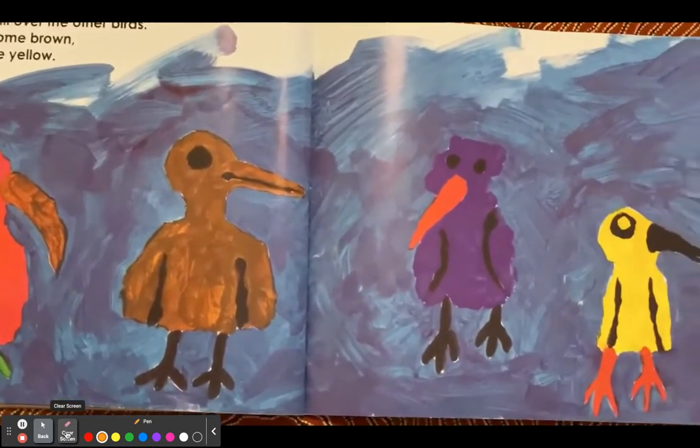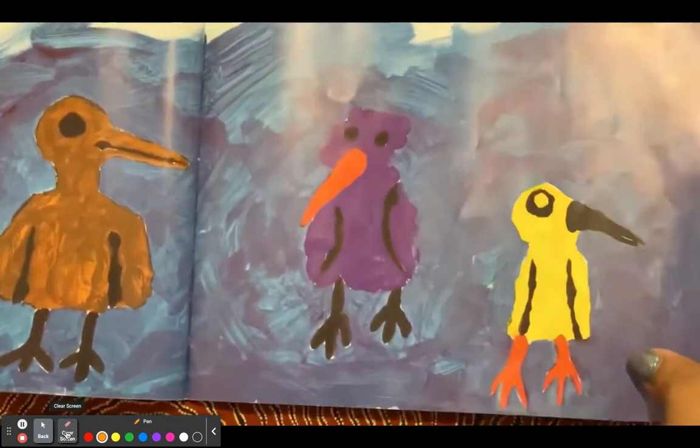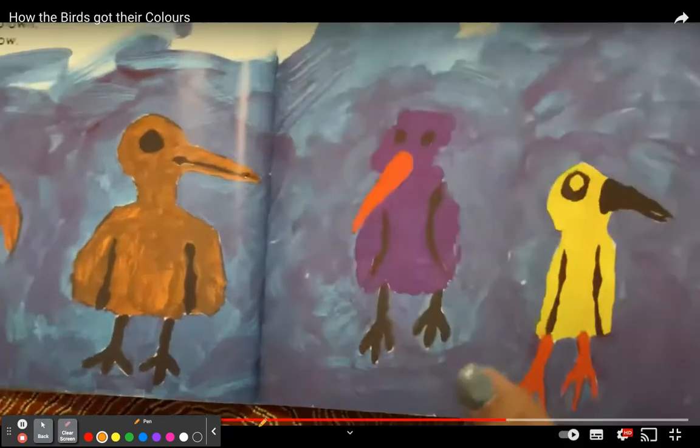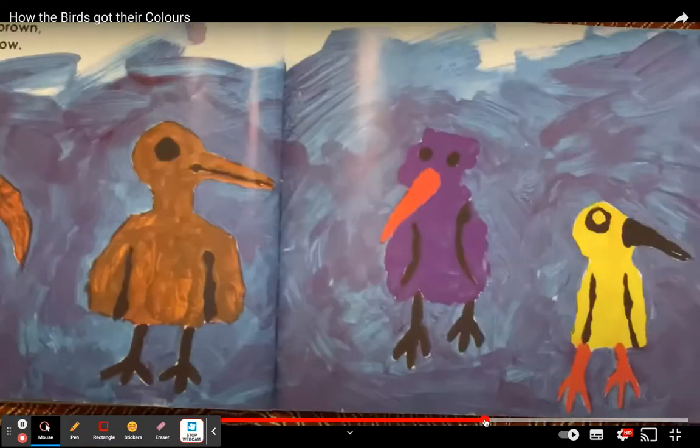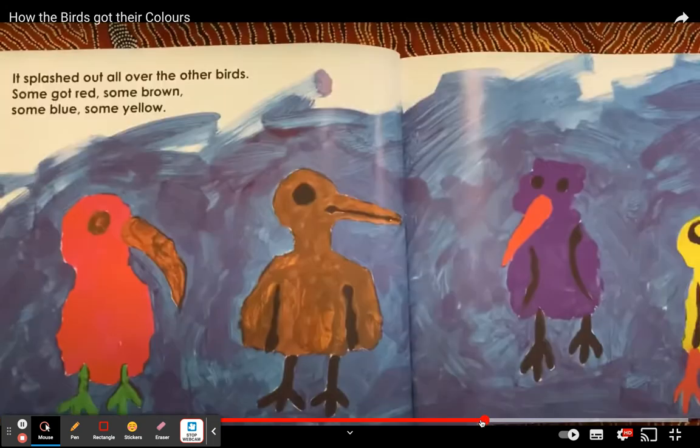Some got red, some brown, some blue, some yellow.